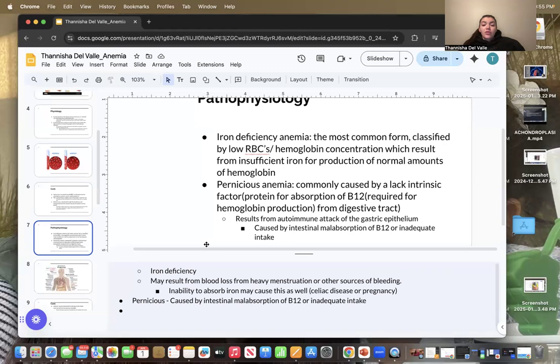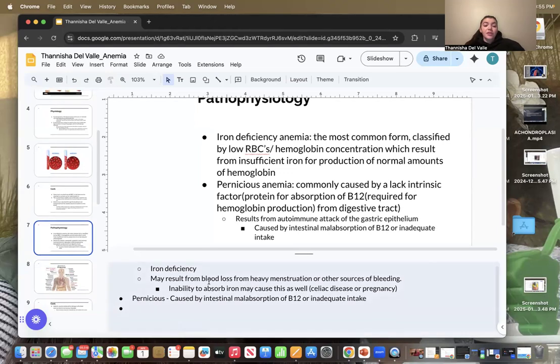This results from autoimmune attacks on the gastric epithelium, and it's caused by intestinal malabsorption of B12 or inadequate intake. Again, iron deficiency may result from blood loss, from heavy menstruation or other sources of bleeding, and the inability to absorb iron may cause this as well. In pernicious anemia, it's caused by intestinal malabsorption of B12 or inadequate intake of B12.